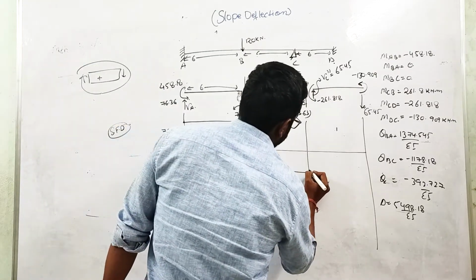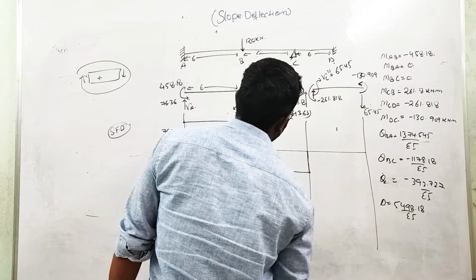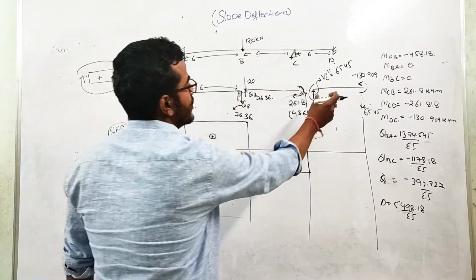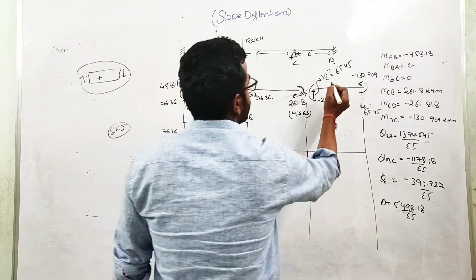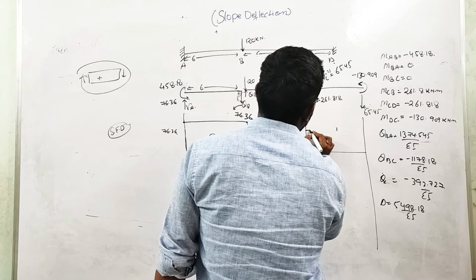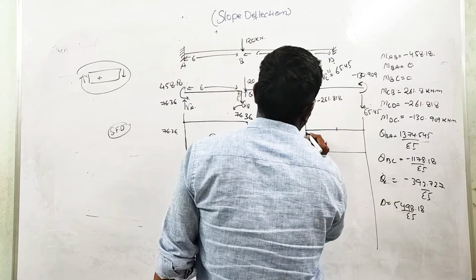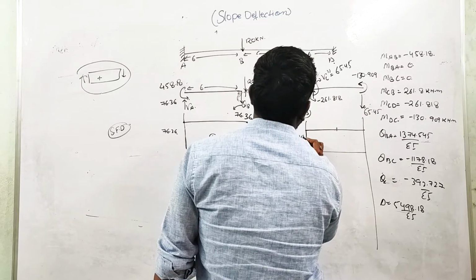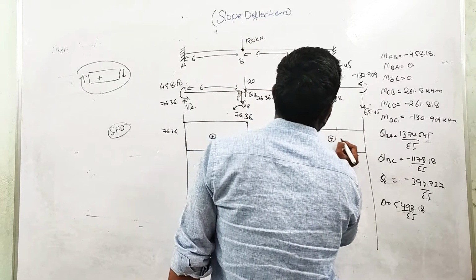And again, it will go to here. Now for this portion, VC is 65.45 in the upward direction, so the shear force diagram will start from here. This value is 65.45, and this is positive.